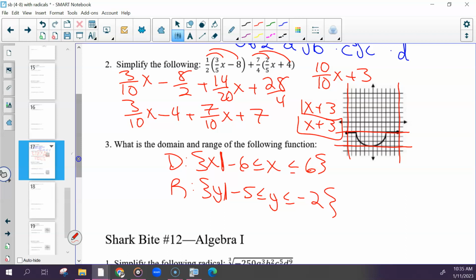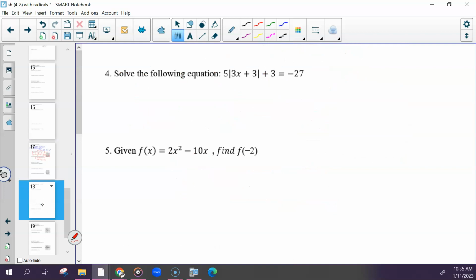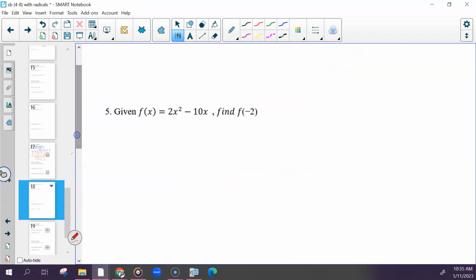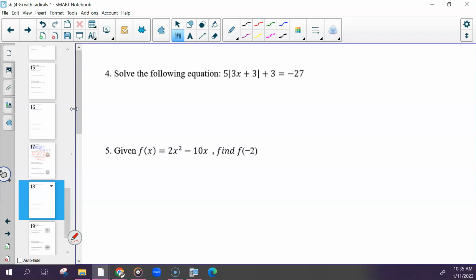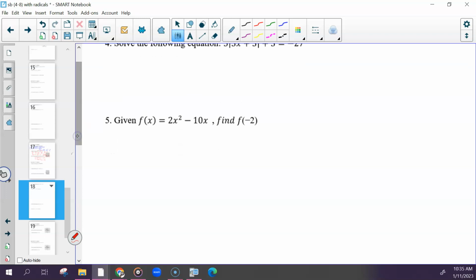We had 2, 3, and then I think 5 was the last one. Five is also something we were just talking about. This is f of -2, so is this x or is this y? X. So this is x, yes, so you would put that in.